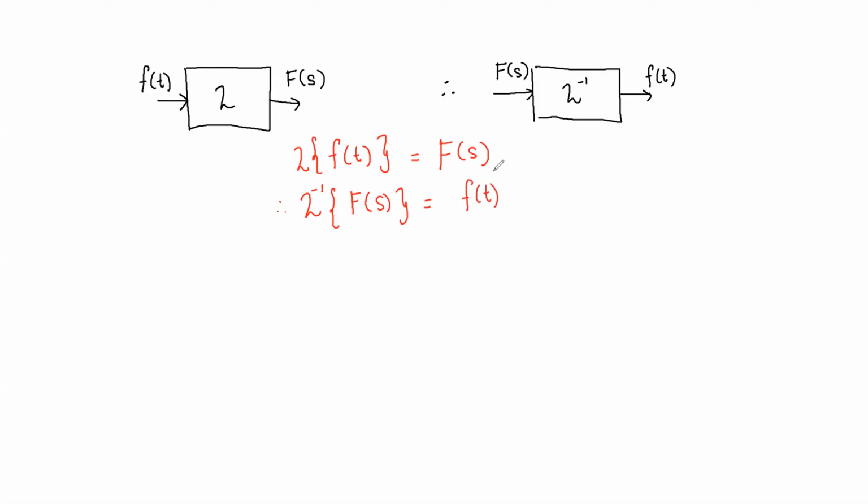Now let me just demonstrate this with one example. Assuming you are given a signal F(s) equal to 0.2s plus 1.4 over s square plus 1.96, the question is asking what is f(t).